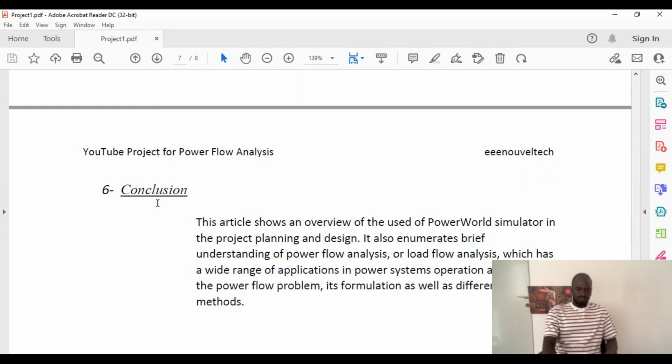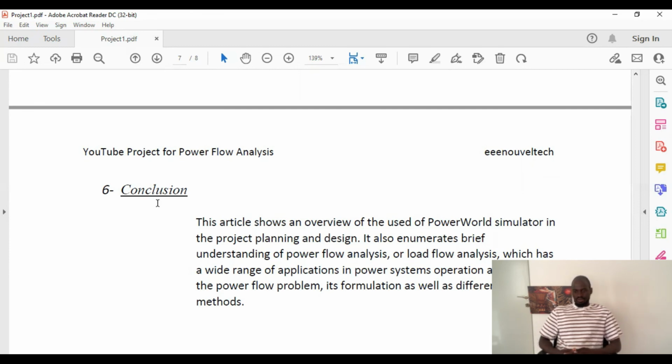So this brings us to the end of this tutorial, where we talked about an overview of what we said, for example the power simulator in project planning and design.